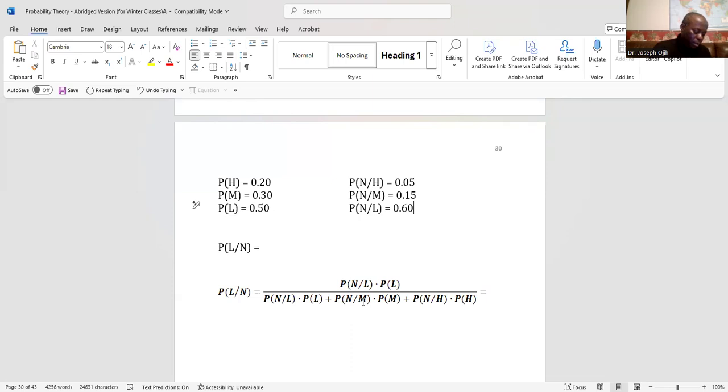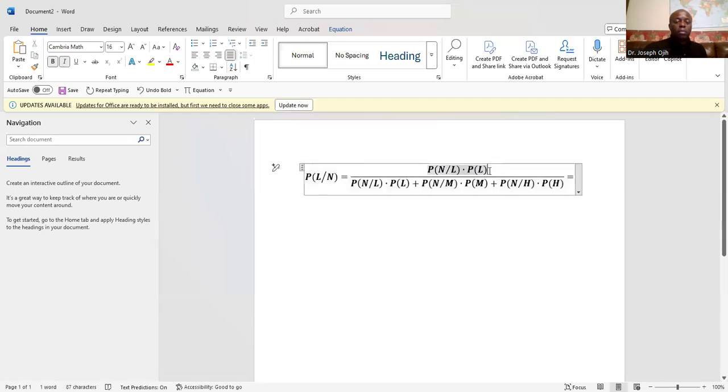Okay, probability of no book given light and probability of light. Now, let's put all these things into that formula and get our answer. So we're gonna put it right here.